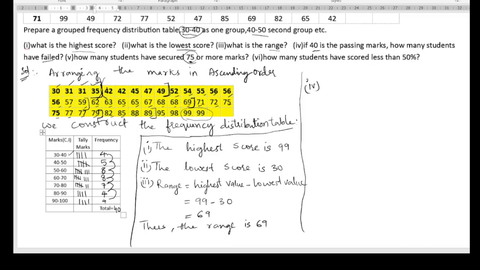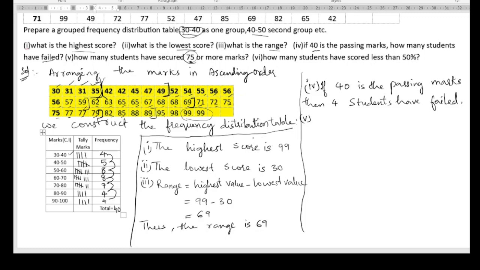So if 40 is the passing marks, then 4 students have failed.